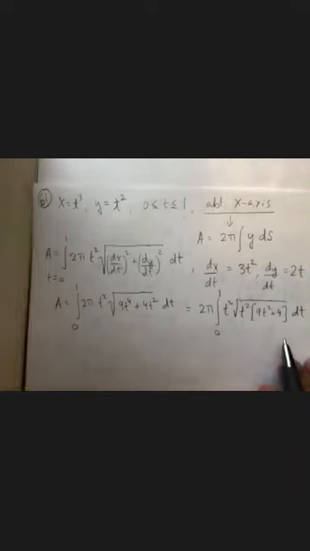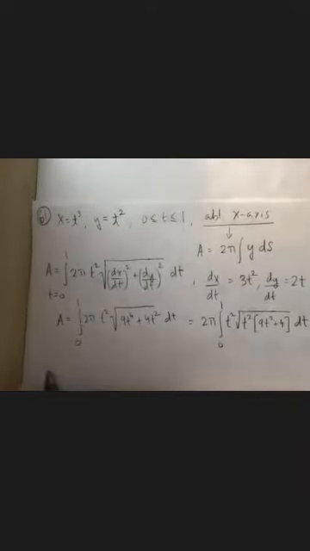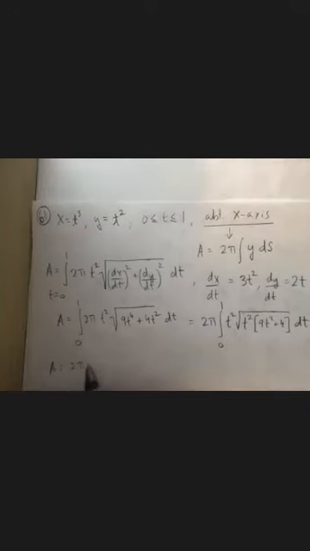Now, similar to the last problem, when this t squared has a radical on top of it, when it comes out, it will become t. So this is now t cubed.